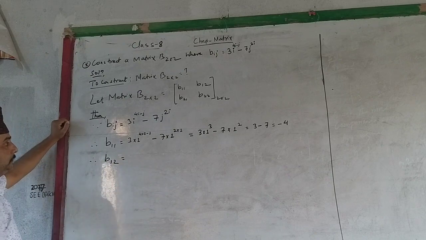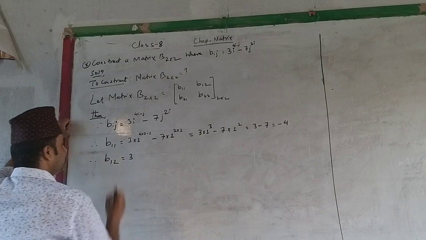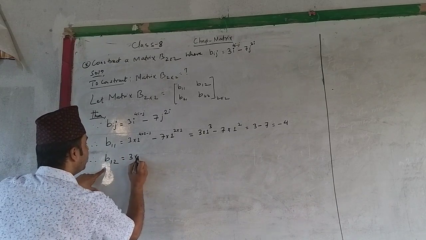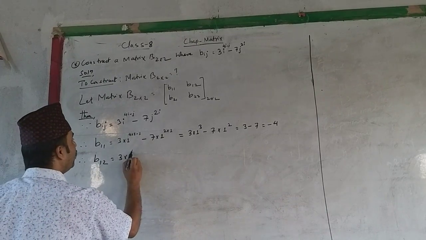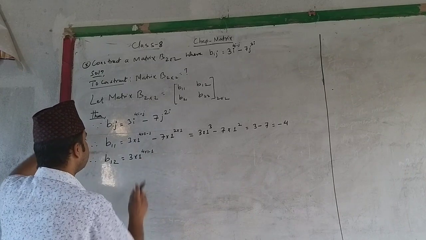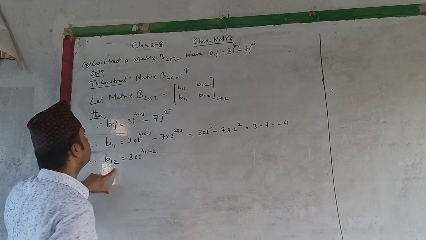B12. What is our answer? So here I write 3. What is i? i is 1. The power is 4 into 1 minus j. Sorry, j is here 2.